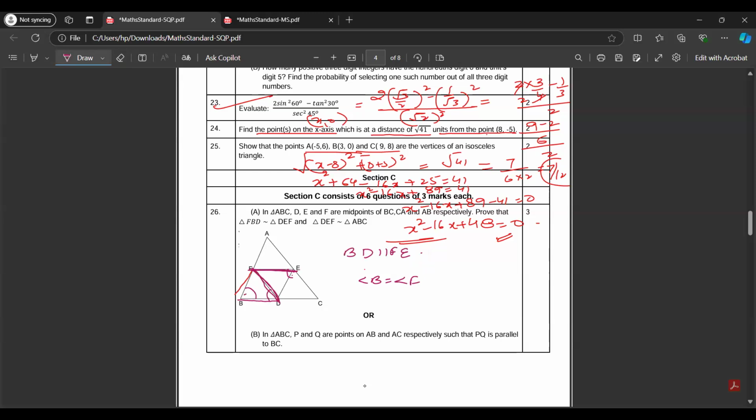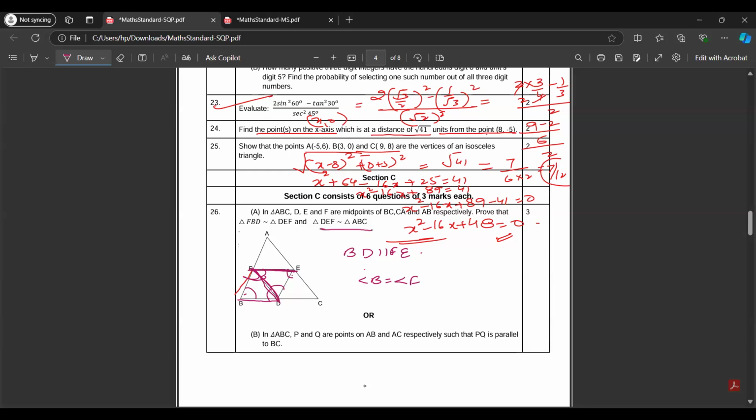So this angle will be equal to this and this angle will be equal to this, right? So the triangles will be similar by AA similarity, right?